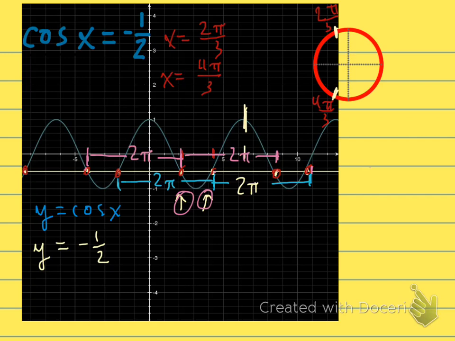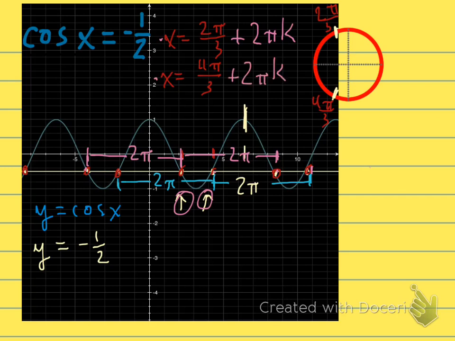So the distance of 2 pi from each one of these beginning points right here that we have gives us another solution. So this is how mathematicians have decided to cover this. All you have to do is, from the solution that you get from the unit circle, just add the expression 2 pi k.